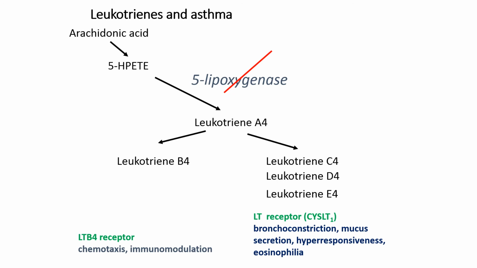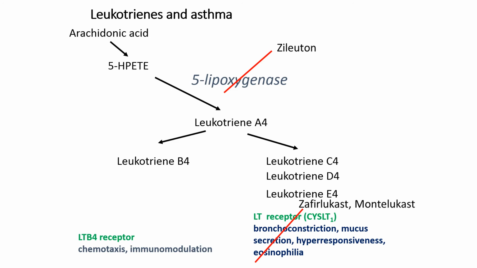The second aspect is you inhibit the cysteine leukotriene 1 receptor. So you can inhibit 5-lipoxygenase through a drug known as xylitol, and you can inhibit the cysteine leukotriene 1 receptor by using drugs such as gefapixant or montelukast.